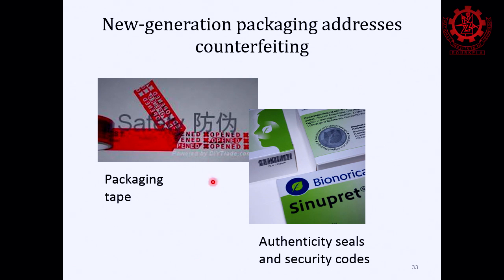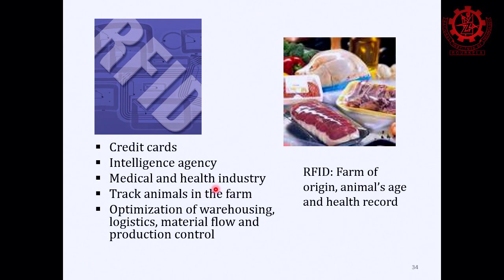This is common. And sometimes you have this RFID, and now we have this QR code also. So you just scan it, and it can tell you the history. Sometimes consumers would like to have a lot of information about that product.